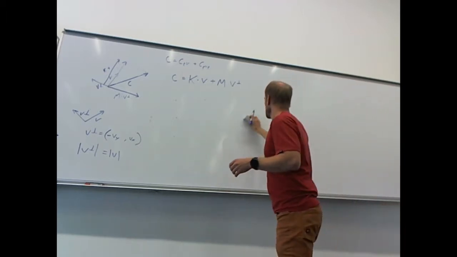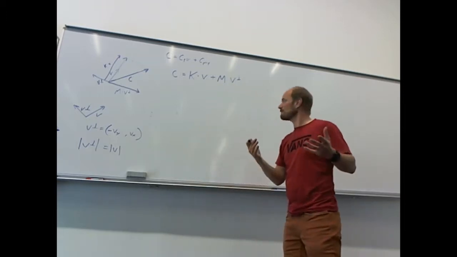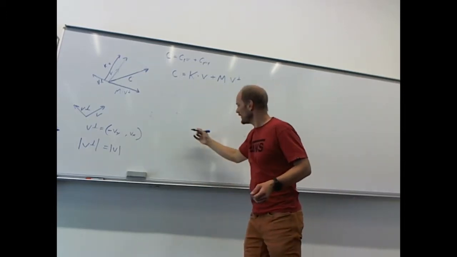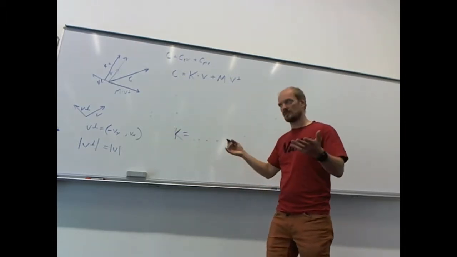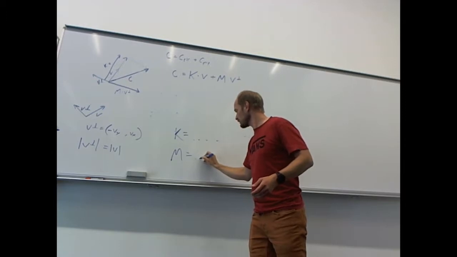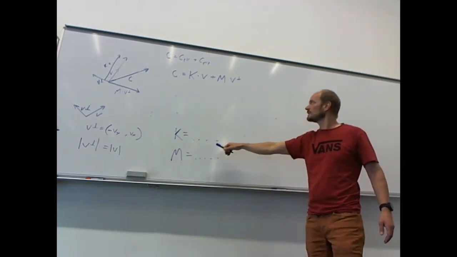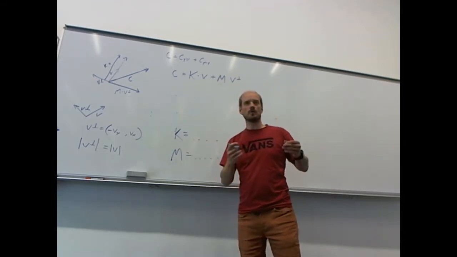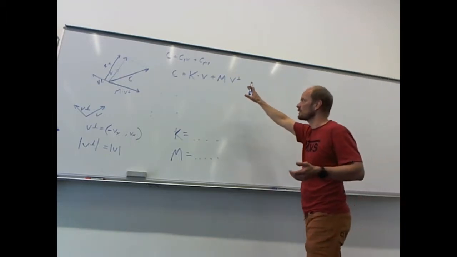So what I want, as my next step, is to be able to say this holds true where k equals something, and m equals something. So I want to solve for k and I want to solve for m. V perp and c are not really unknowns as such in this equation.